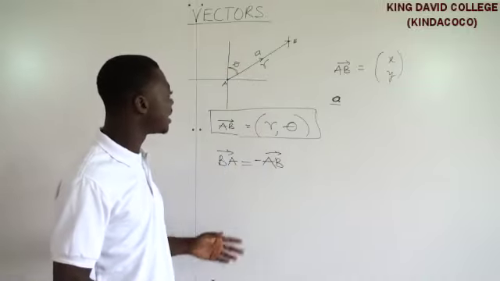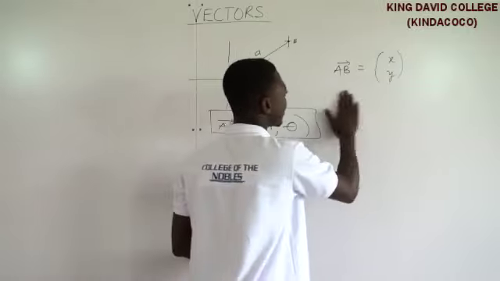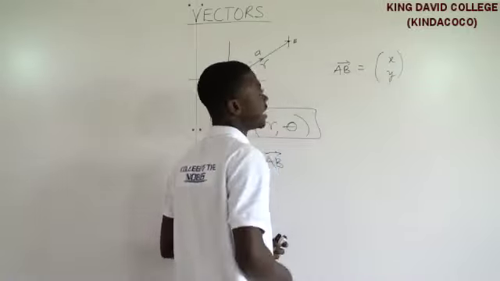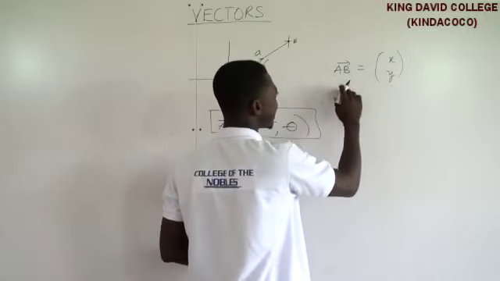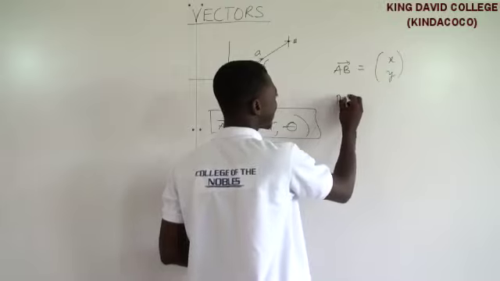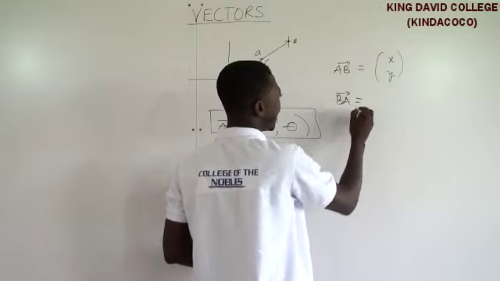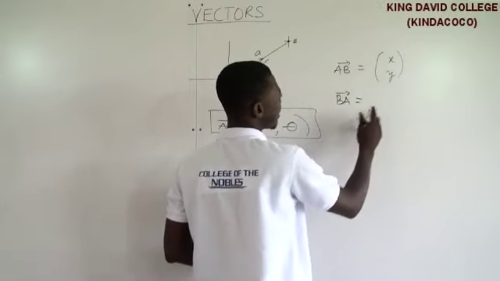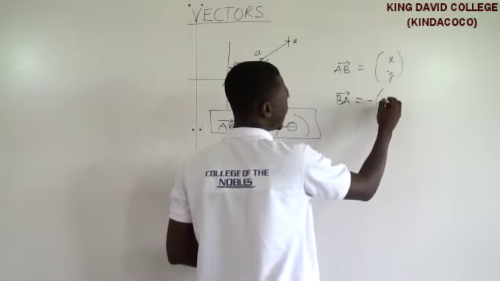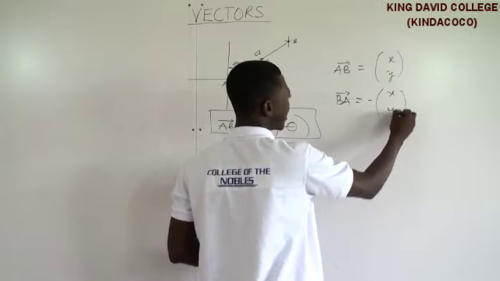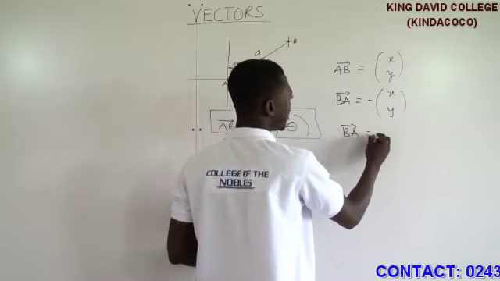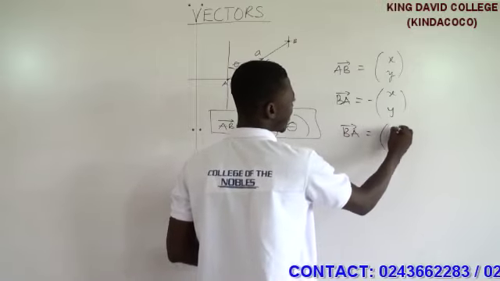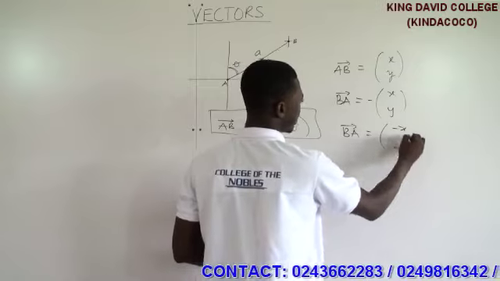So how then do we negate this kind of thing? If I put it in a rectangular format like this, and I want to negate this, so let's say I'm finding vector BA, then it's going to be minus of that. So minus of this one, x and y. This is simply BA is going to be minus x, minus y.